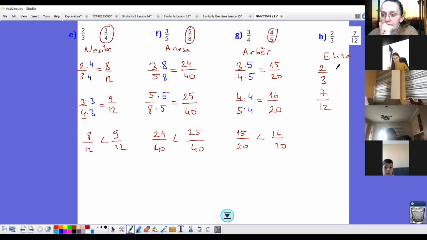No, wait a bit. Look, here we have the denominator 12. Here we have 3. Can we easily make 3 into 12? Yes. How can we make 3 into 12? Multiplying by?